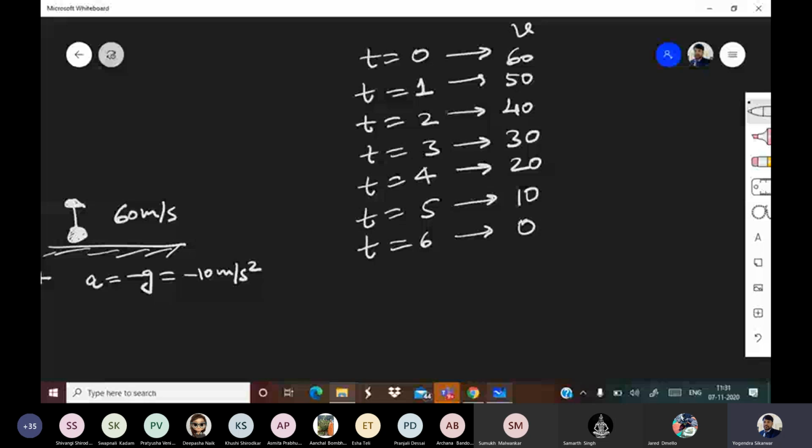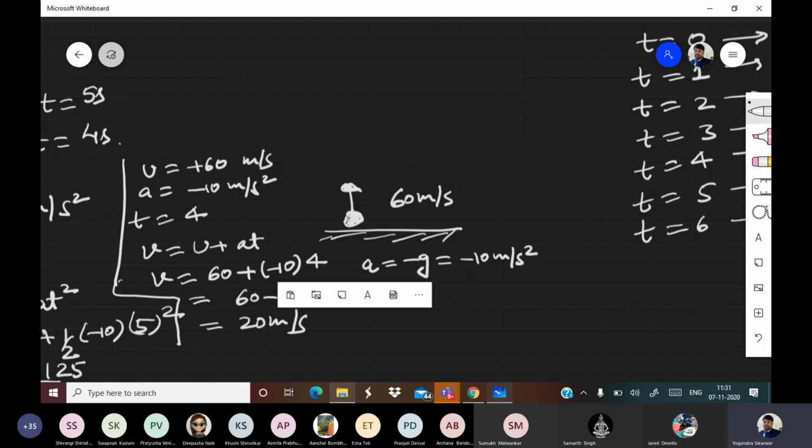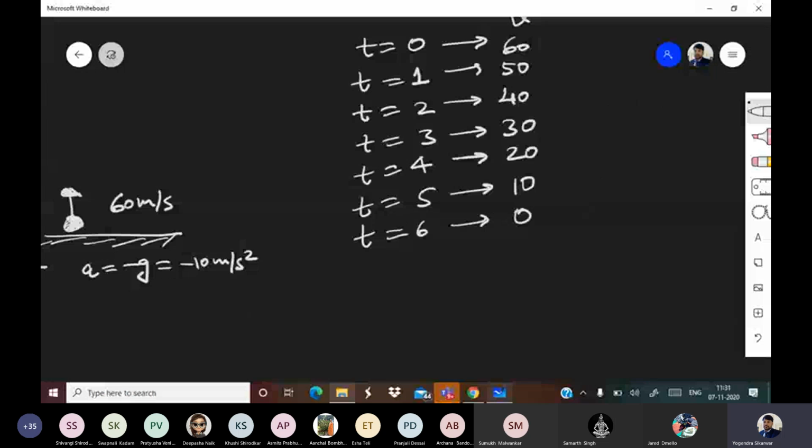Now comes the next part. And the next part is the displacement in 5 seconds. Now, is the acceleration of the object going to be constant in this? Yes, it is minus 10. So what we can do, listen carefully. Displacement S is equal to u plus v by 2 into t.